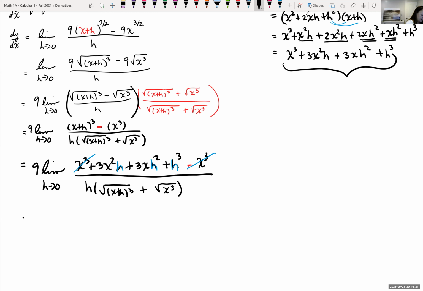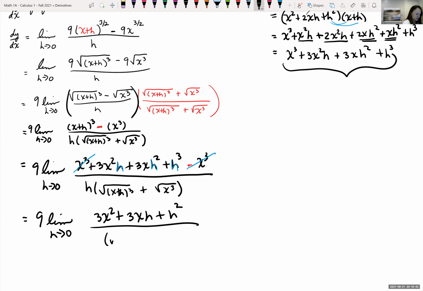So if we did that, we have 9 times the limit as h goes to 0. If I factored out an h, I'd be left with 3x squared plus 3xh plus h squared, and canceled it with the h in the denominator. I would be left with just that parentheses, the square root of (x plus h) cubed plus the square root of x cubed.